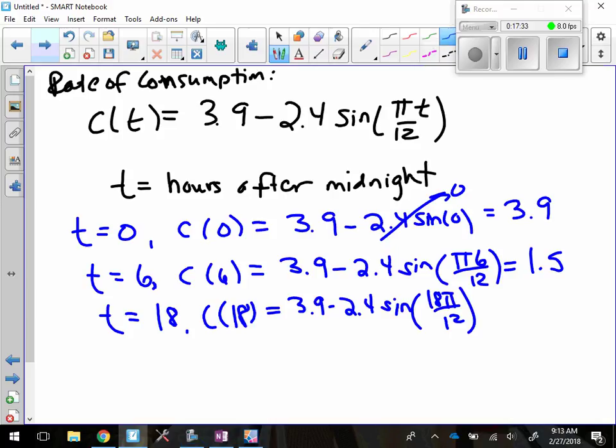What's 18 pi over 12? 3 pi over 2. Maggie, what's the sine of 3 pi over 2? Negative 1. So that's going to cancel with my negative sign out here. And what's 3.9 plus 2.4?